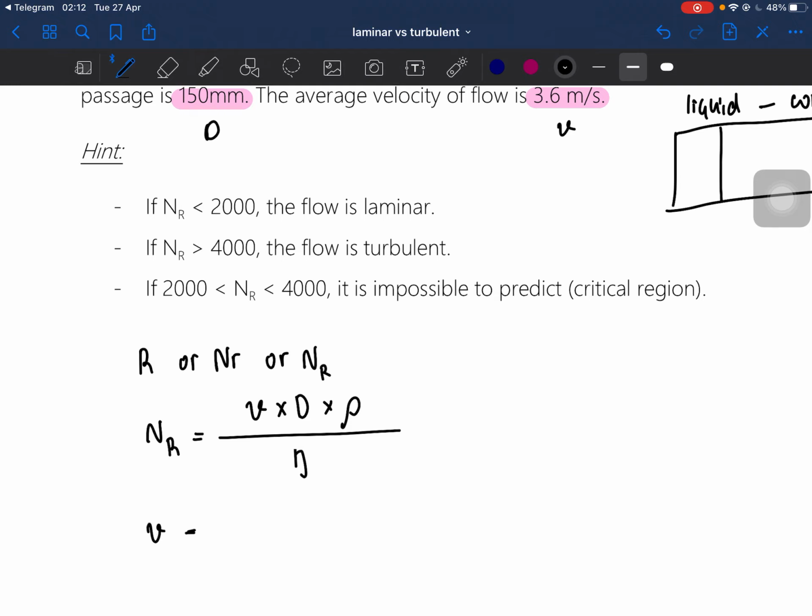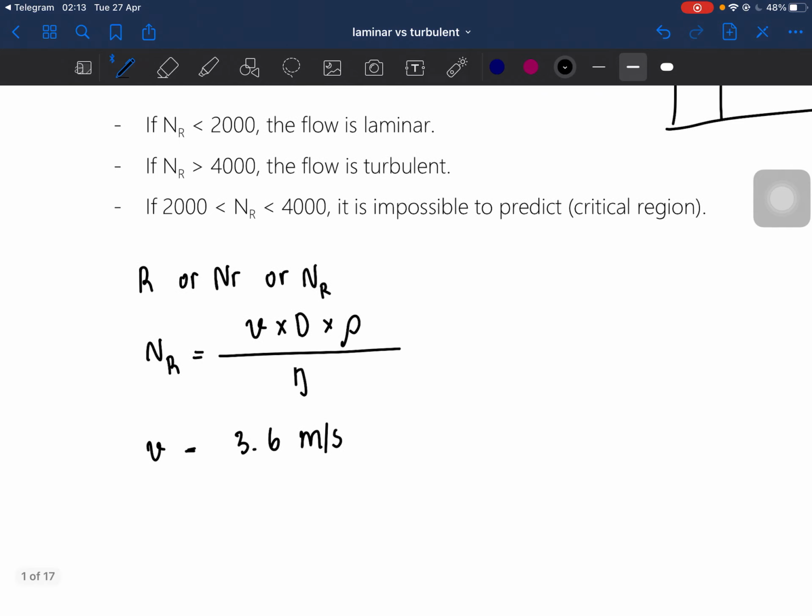In this case, the velocity is 3.6 meter per second. D is 150 millimeter, which is equal to 150 times 10 to the minus 3, so it's 1,000 times smaller when we convert to meter. Now we get 0.15 meter.